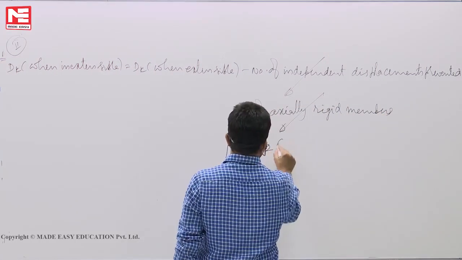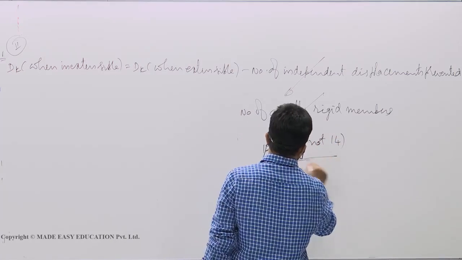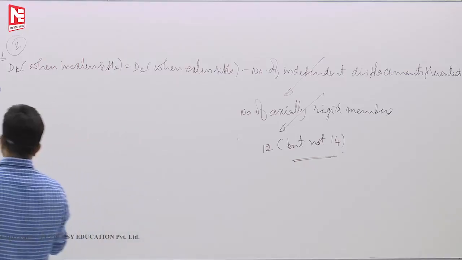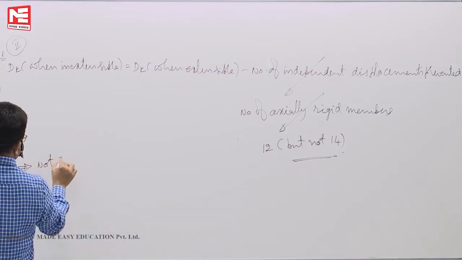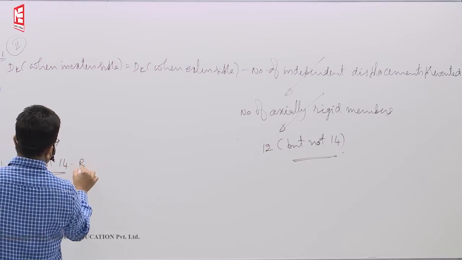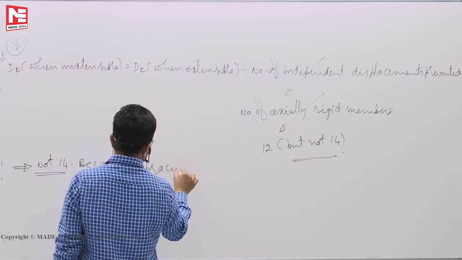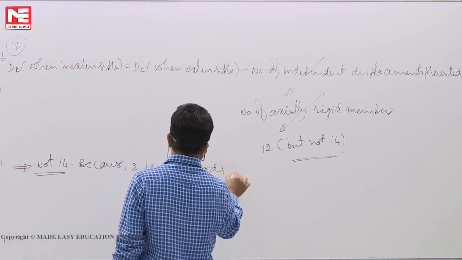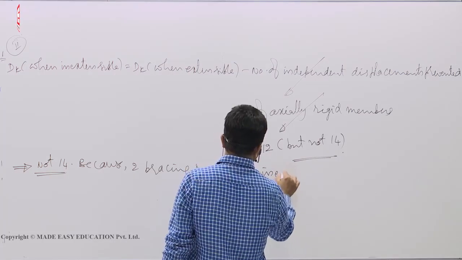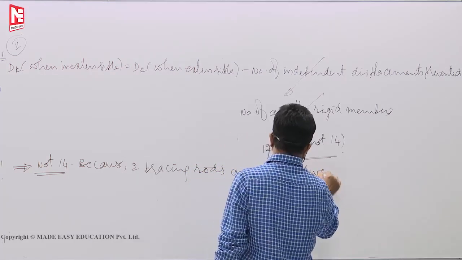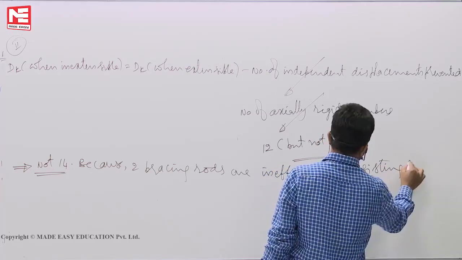They are 12 but not 14. Why not 14? Because two bracing rods are useless or ineffective in resisting compression.